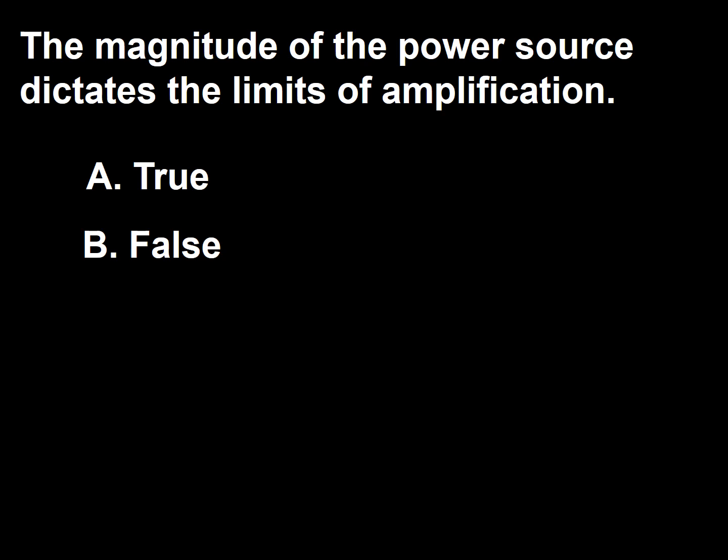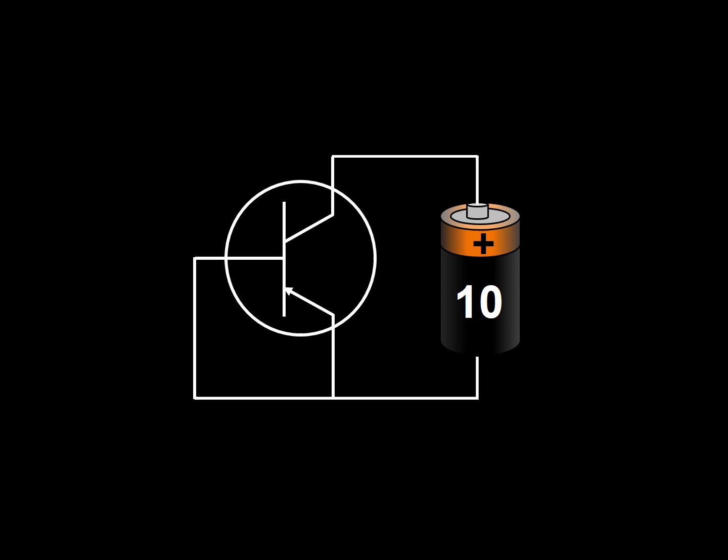Next question. The magnitude of the power source dictates the limits of an amplification. A true, B false. Using the schematics of a transistor as viewed in this frame, we can explain in a very simplistic fashion their function.